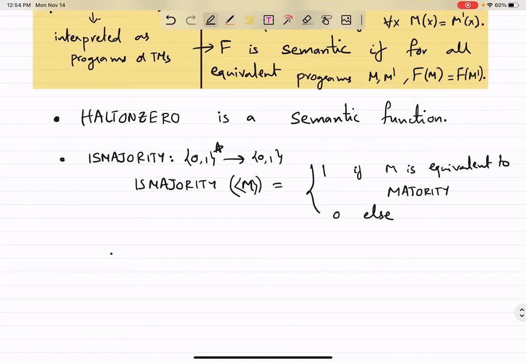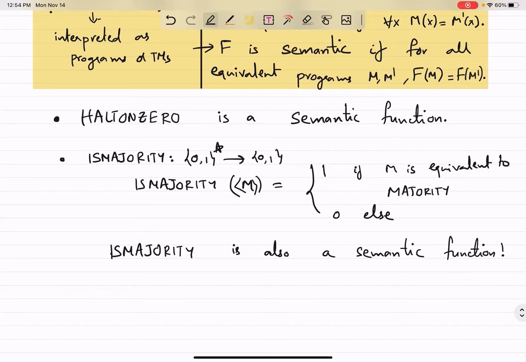So is majority is also a semantic function. Because it doesn't depend on what the source code of m is. It only depends on what it is actually doing on specific inputs and outputs.